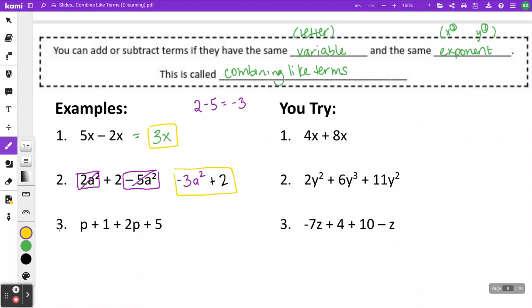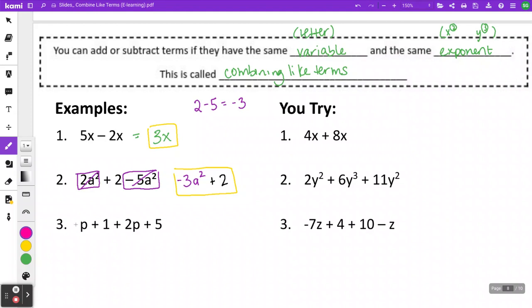For number 3, we're going to start out by seeing what we can combine. Go ahead and see if you can figure out what are the things we're going to add together in number 3. Well, for number 3, we've got 1, 2, 3, 4 terms this time, and we've got some options.